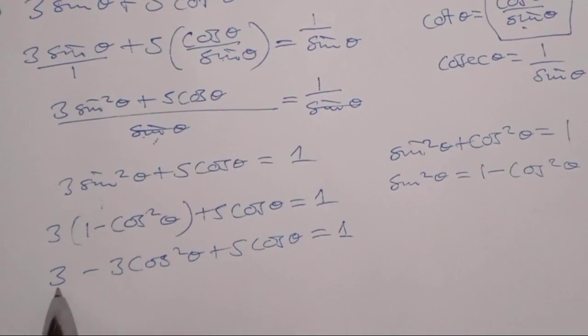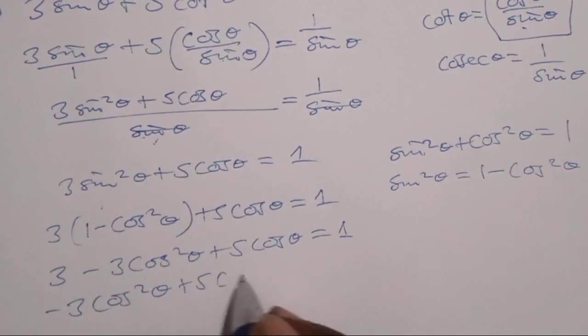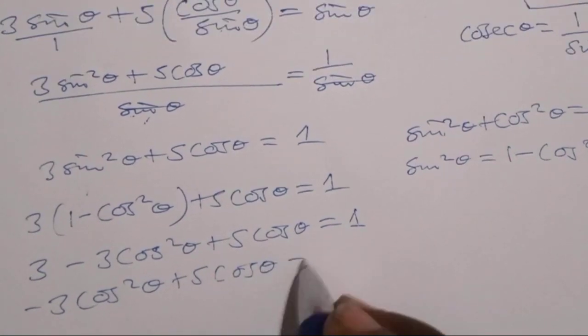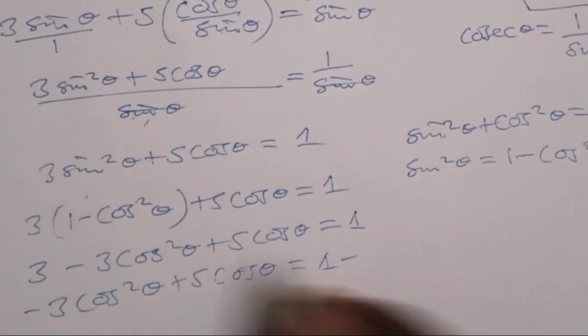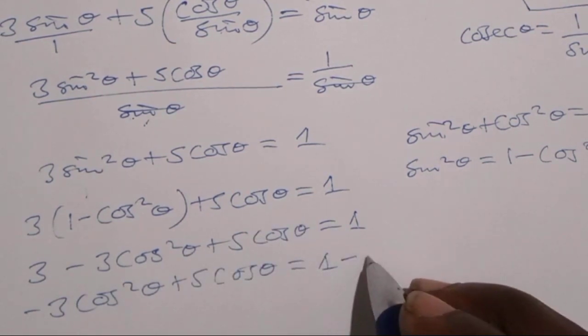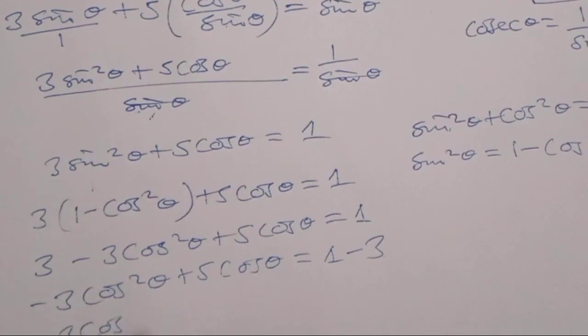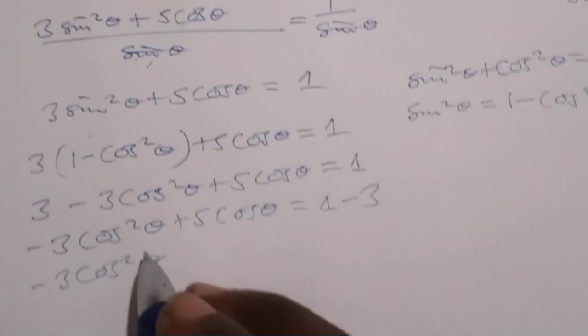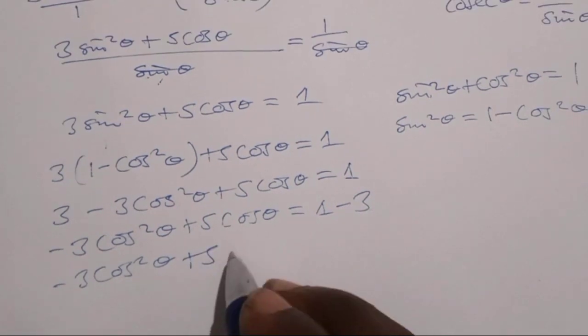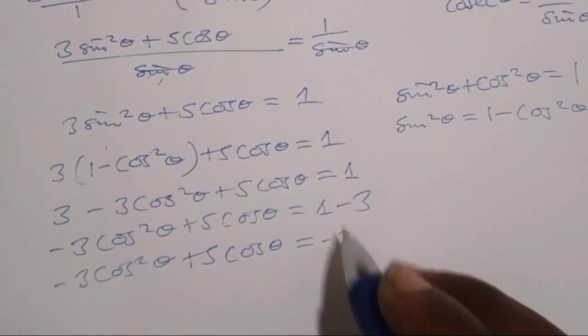So when we collect the like terms, we remain with minus 3 cos squared theta plus 5 cos theta equals 1 minus 3. When 3 crosses the equal sign, it will be minus 3, in which minus 3 cos squared theta plus 5 cos theta equals minus 2. Here we have minus 2.